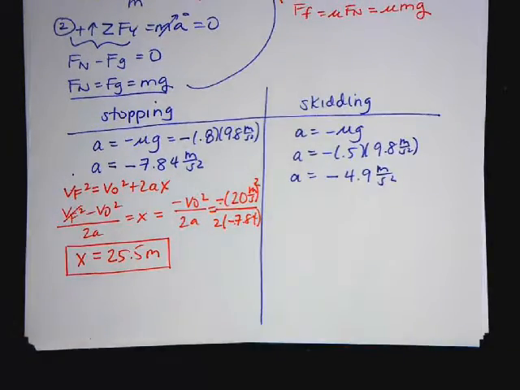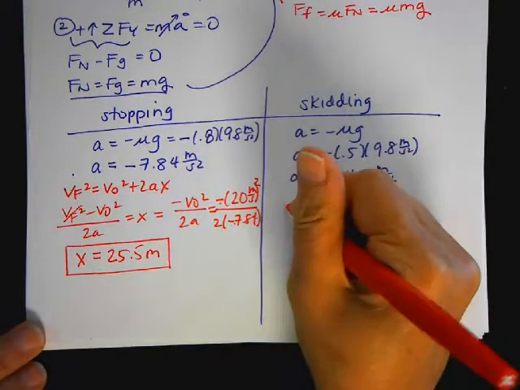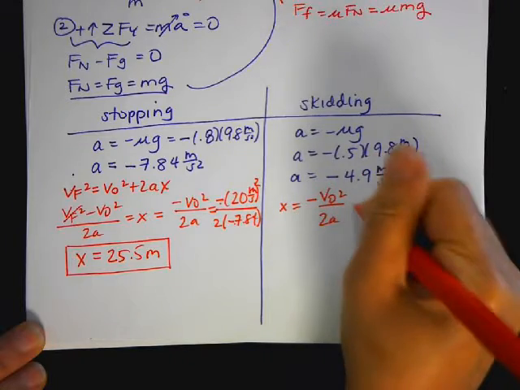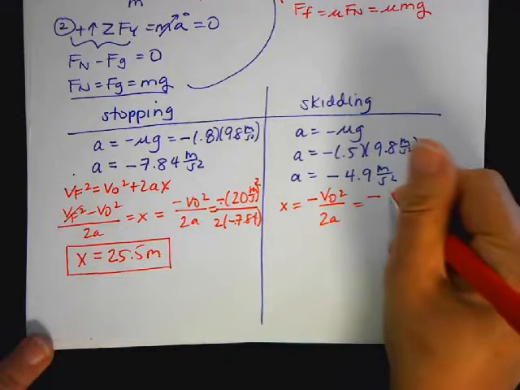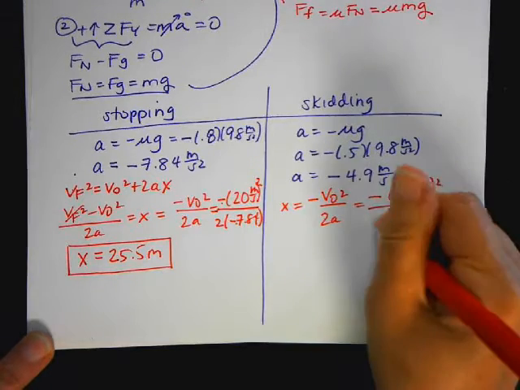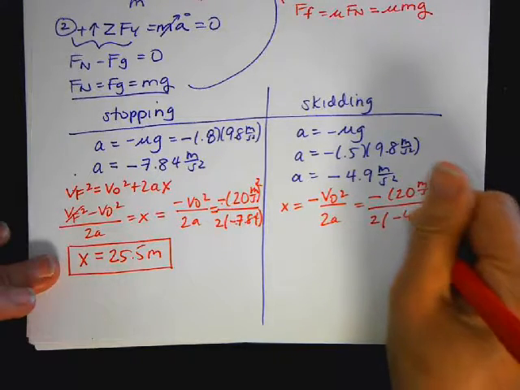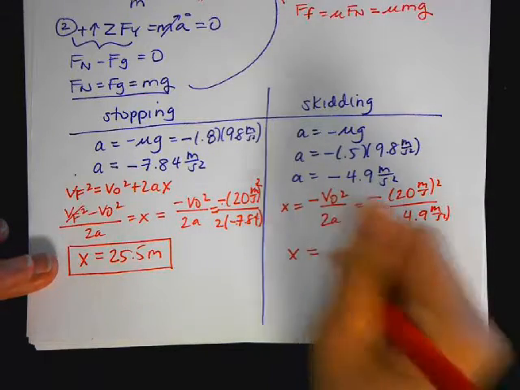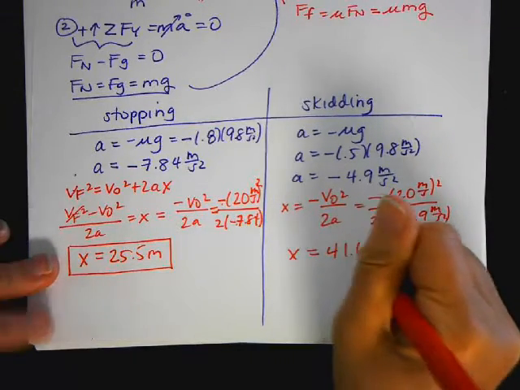Now I already rearranged this, so x is equal to negative V naught squared over 2a. So it's negative, again, 20 meters per second squared over 2 times negative 4.9 meters per second squared. So when I do all this, x comes out to be 41.67 meters.